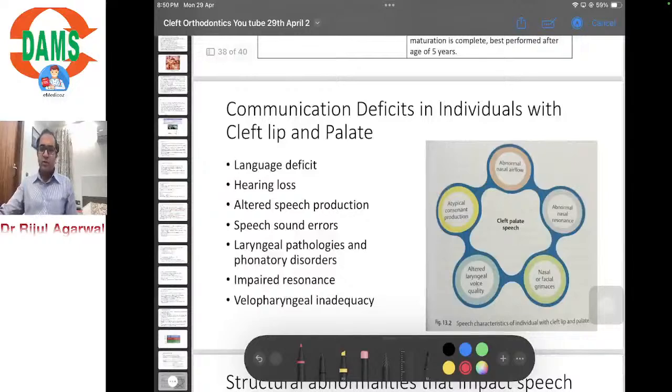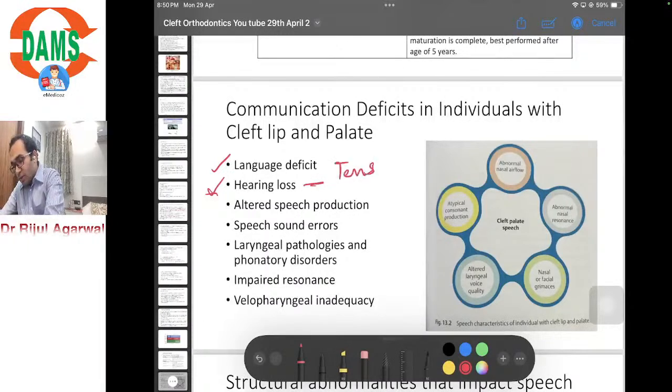Coming up with the communication deficits in individuals with cleft lip and palate. So there is language deficit, as we all know, due to the incomplete or defective formation in the lip and palate. Hearing loss. Why hearing loss? Due to, most important, just remember this name, tensor veli palatini. And as we all know, this tensor veli palatini attaches to the eustachian tube, and eustachian tube is important for maintaining the pressure difference.